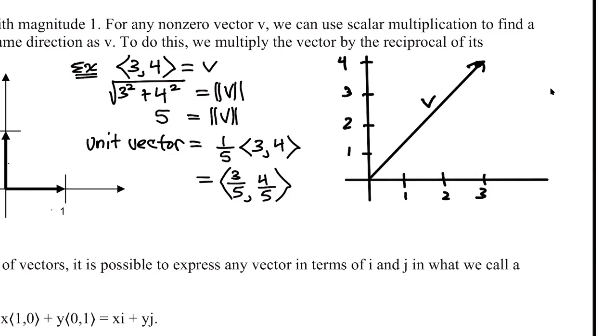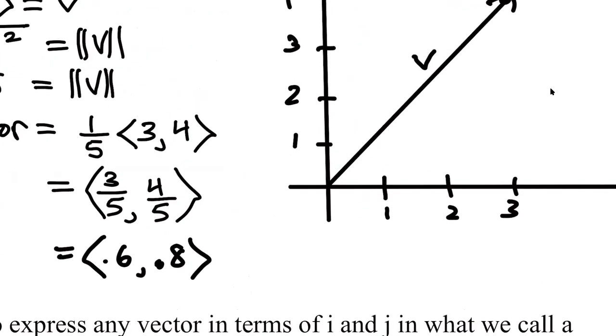Now my unit vector, so this, 3/5 and 4/5, is (0.6, 0.8). I write it like that because I need to estimate. When I'm looking to plot 0.6, I'm going to go a little bit more than half the distance. But I could also break up the interval from 0 to 1 into fifths.